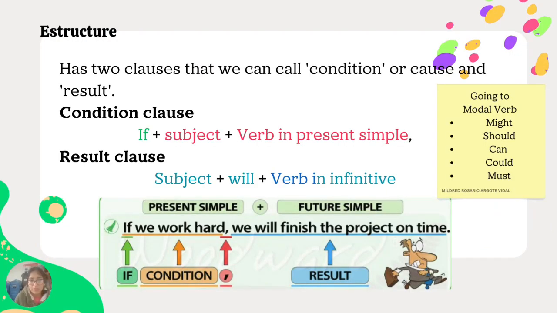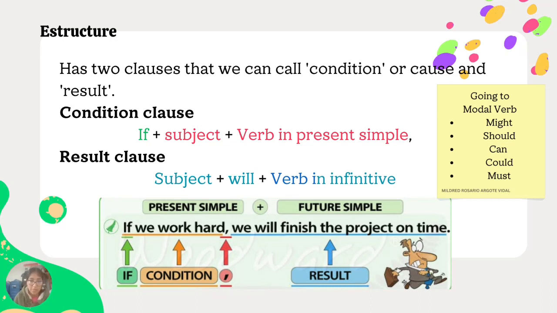Structure. As in the zero conditional, we will use two clauses, which we can call condition or cause, and result. The condition clause is formed from if plus subject plus verb in present simple, comma. I repeat, the comma is very important.